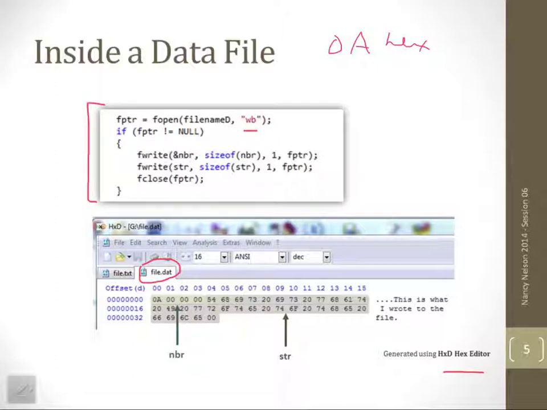So in this file, we're actually seeing 4 bytes, 0A 00 00 00, that are representing that integer value. So the platform I used had 4 bytes per integer.